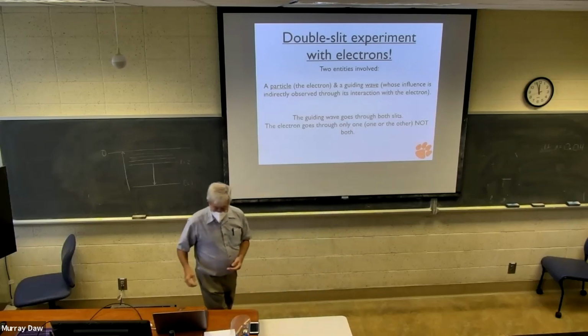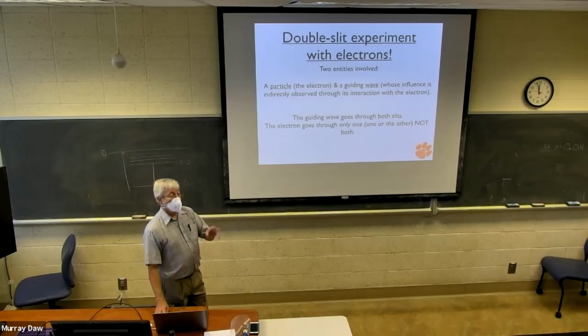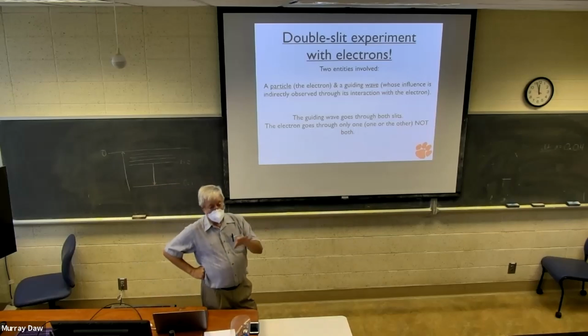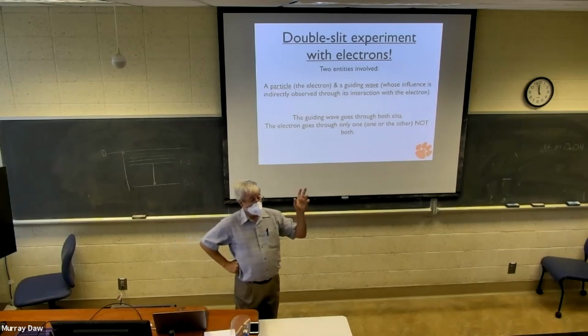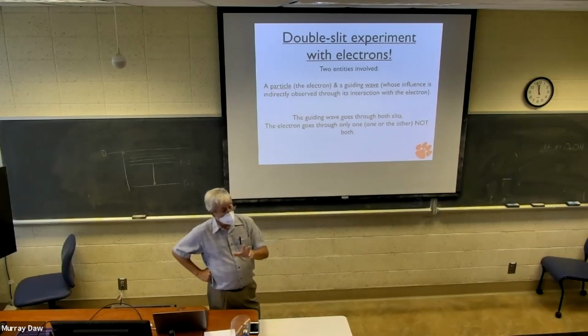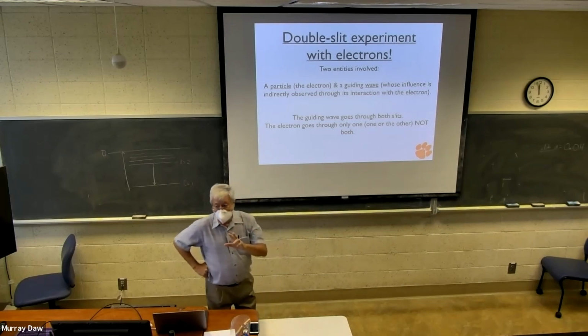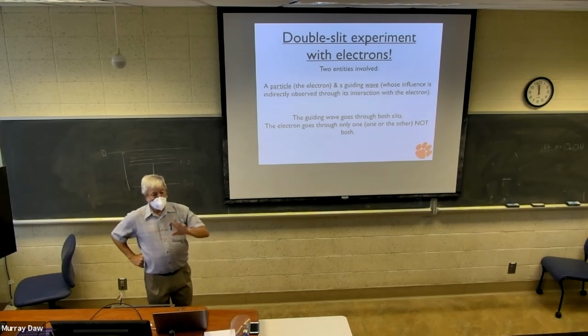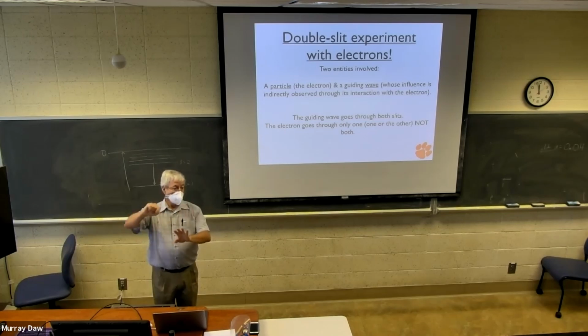And does that mean in any way, is the electron somehow causing this guiding wave? That's another question. Does the particle cause the guiding wave? And the answer is it does, but there's also some part of the guiding wave which is not coming from the electron. So we're going to find out that the guiding wave has two components to it. There's one part which allows a kind of resonating motion like the electron in the hydrogen atom.